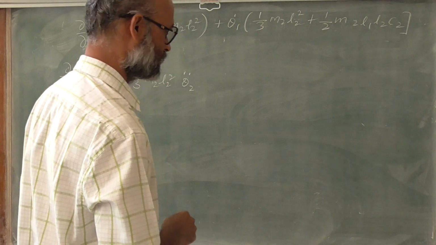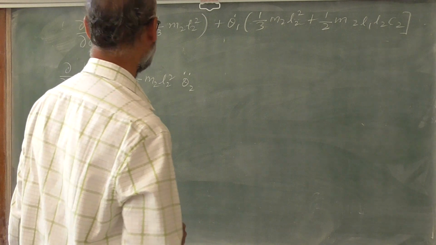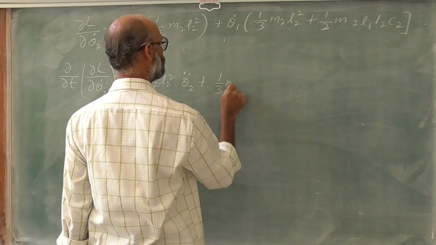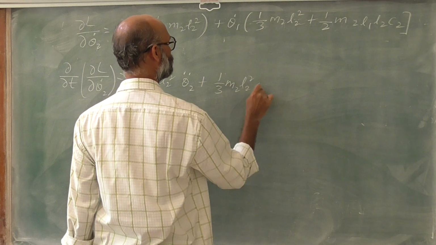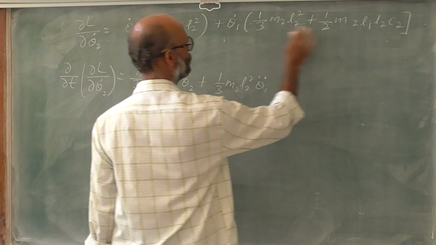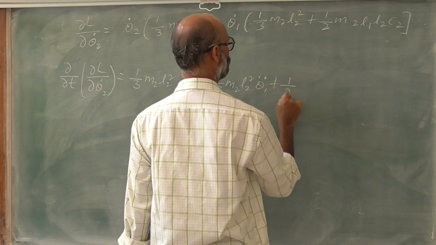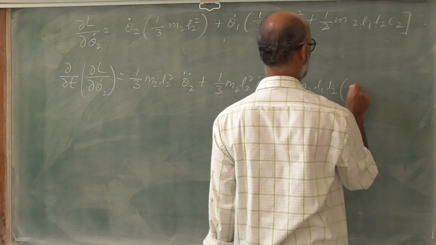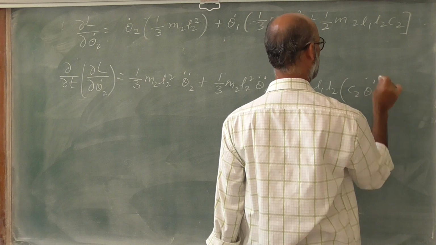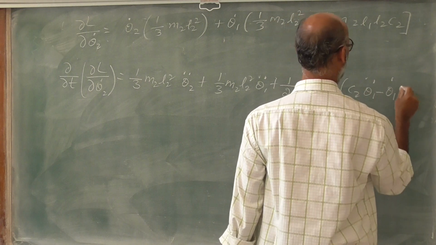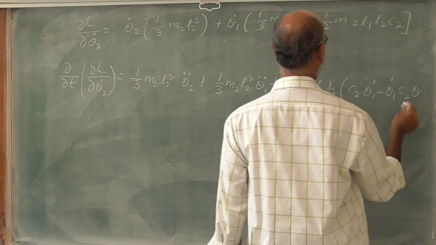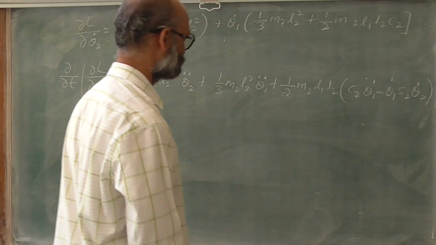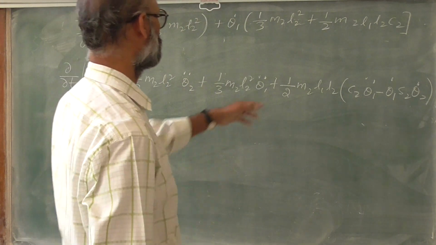Okay, theta 2 double dot, so that is one term, and plus we have 1 by 3 m2 L2 square theta 1 double dot terms, and we have a product of two functions, just like that is half m2 L1 into this c2 into theta 1, so c2 theta 1 double dot plus theta 1 dot into s2, and you have that theta 2 dot, this part. So that's the differentiation for this term.